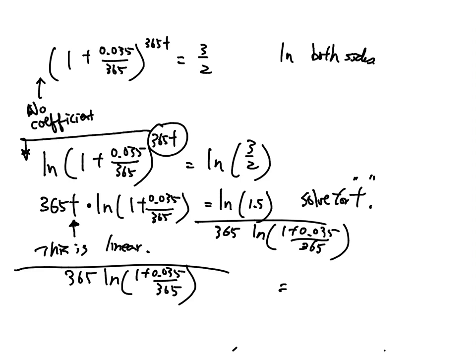Let's punch it into the calculator: natural log of 1.5 divided by 365, and divided by natural log of 1 plus 0.035 divided by 365.